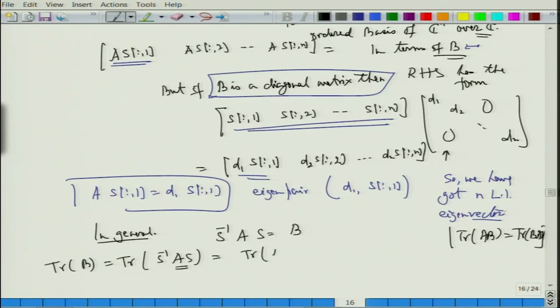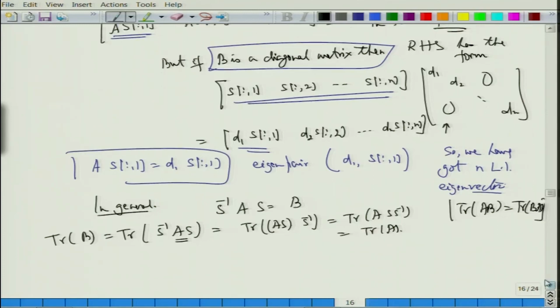So, this is same as trace of AS into S inverse, which is same as trace of A S S inverse, all right, fine, which is same as trace of A. So, when I do similarity transformation, the trace does not change, fine. So, trace does not change under similarity transformation.